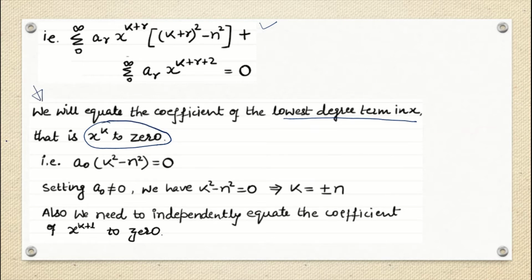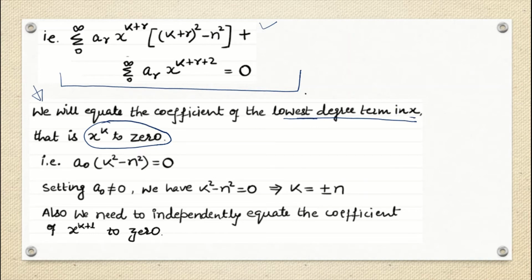Since this much I have got, I really don't want to simplify this term any more. On this term only I'm going to do the analysis, because my job is to find the value of y. So for that, the method suggests that you start with equating the coefficient of the lowest degree term in x, and then keep on increasing it.